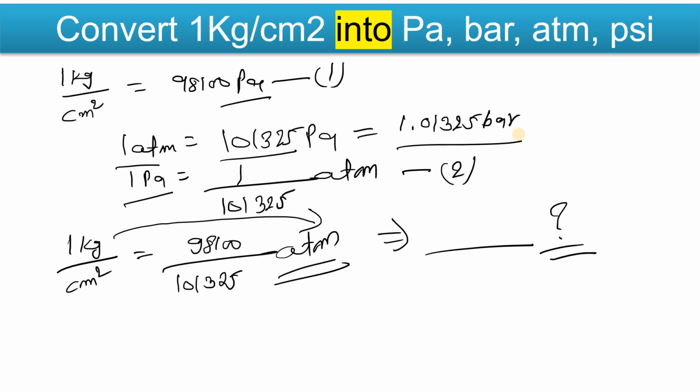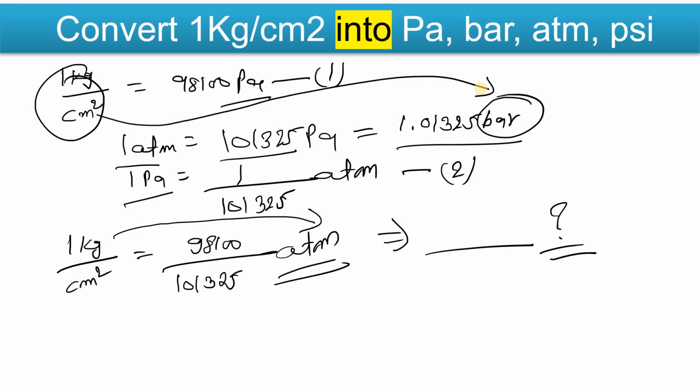Just let me know in the comments box what will be the value of 1 kg per centimeter square in bar. That is your homework, and please let me know in the comments box because this is also very easy. So we know that 1 bar is simply 10⁵ Pascal, we could also write like that.